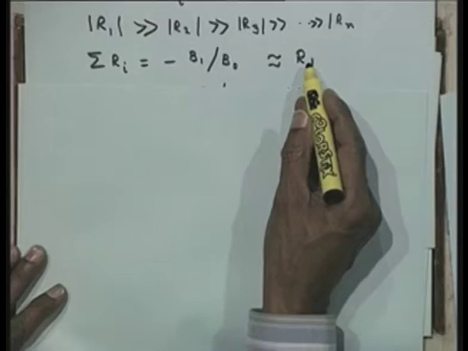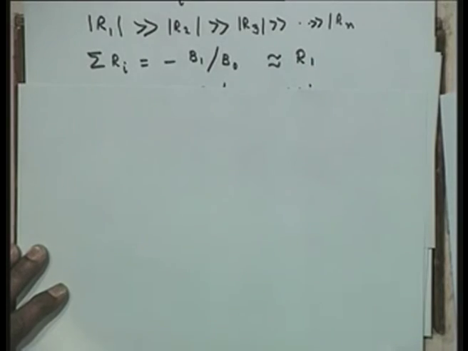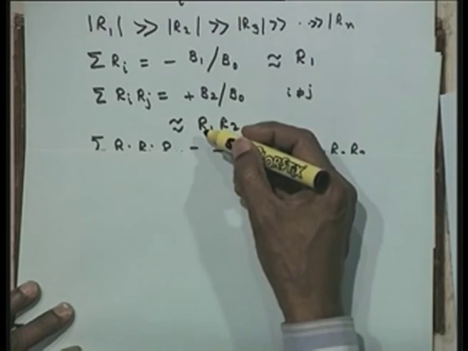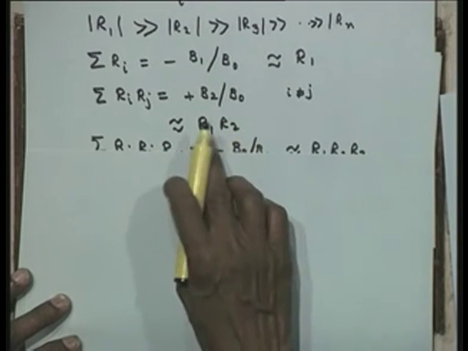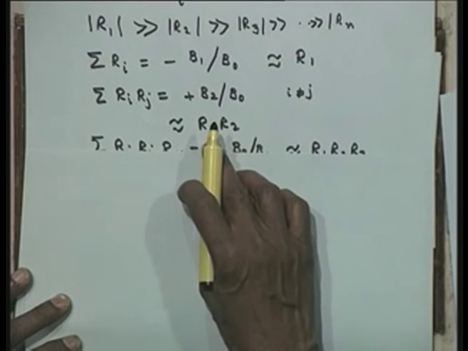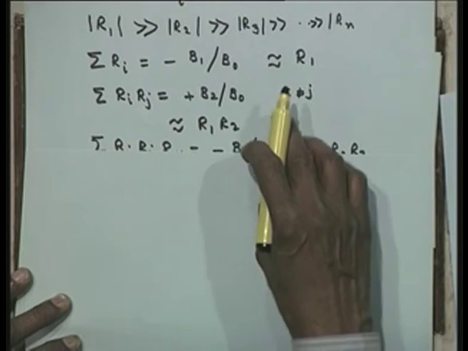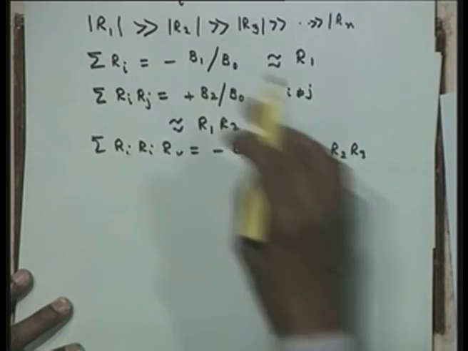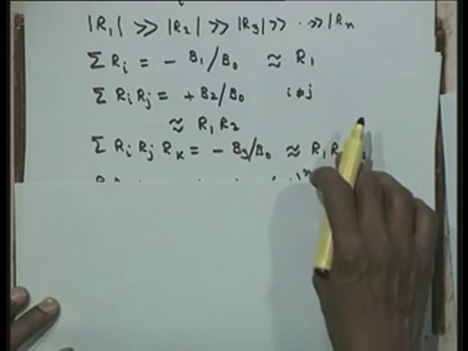Now, from this we have a very simple rule for getting the roots. R1 is approximated by the first one. Now, let us take the ratio of successive coefficients: R1 R2 divided by R1 will be R2, and that ratio is b2 divided by b1 with an opposite sign. Now, I take the next two.